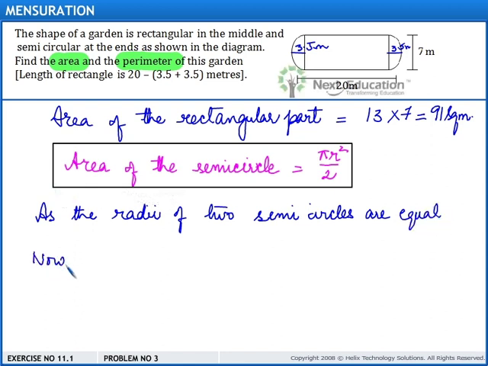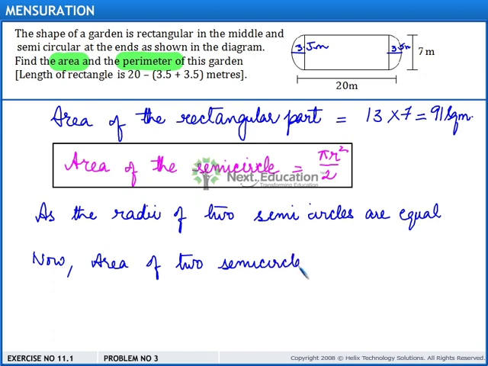Now the area of these two semicircles is equal to 2 into pi r square by 2. Now this on cancellation we have pi r square.